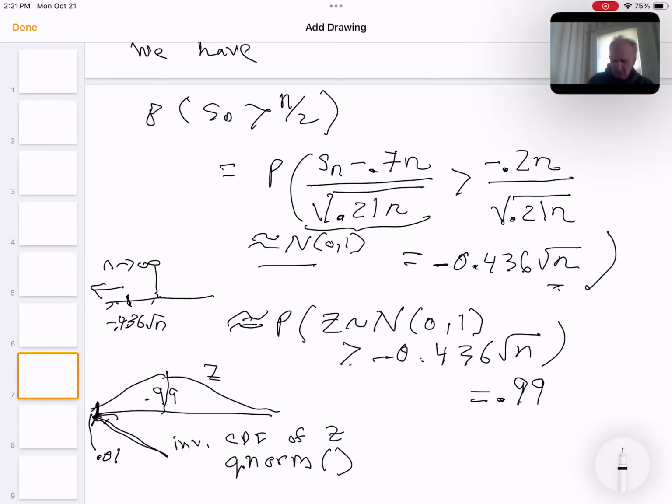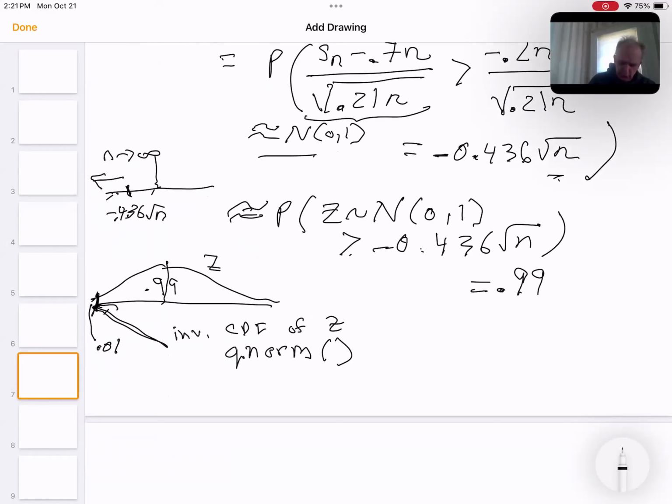So if I have qnorm of 0.01, I get minus 2.3263.